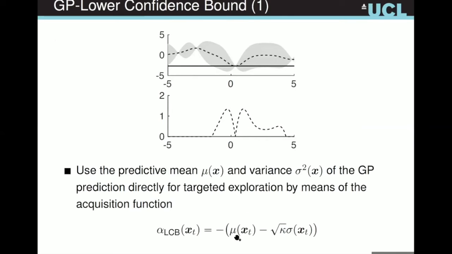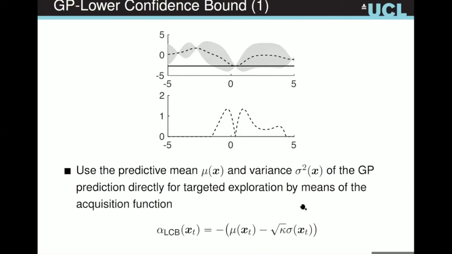So we compute the mean minus some value, say square root kappa, times the standard deviation. So we basically look at the posterior mean prediction minus some scaled version of the standard deviation. And if that is below the threshold, then that is a good value to explore.